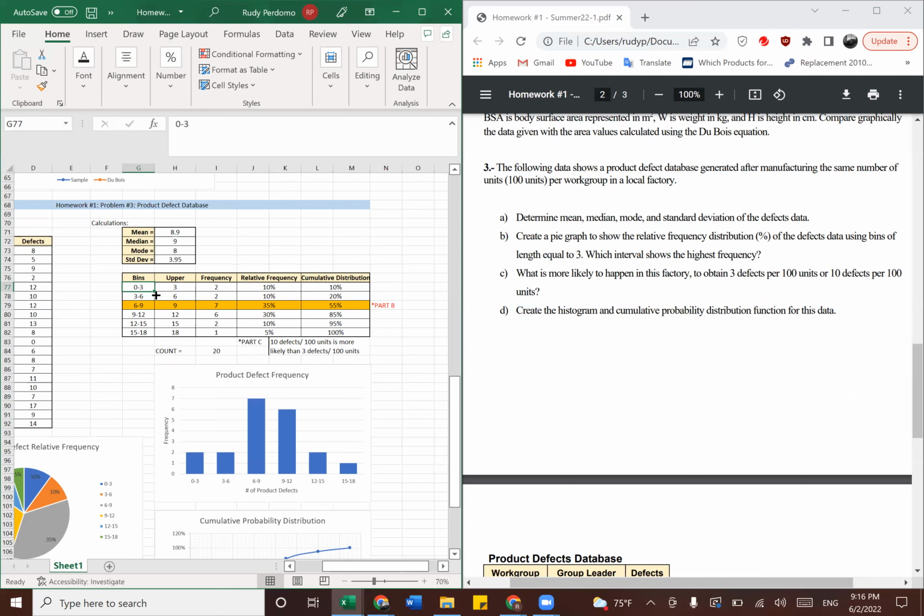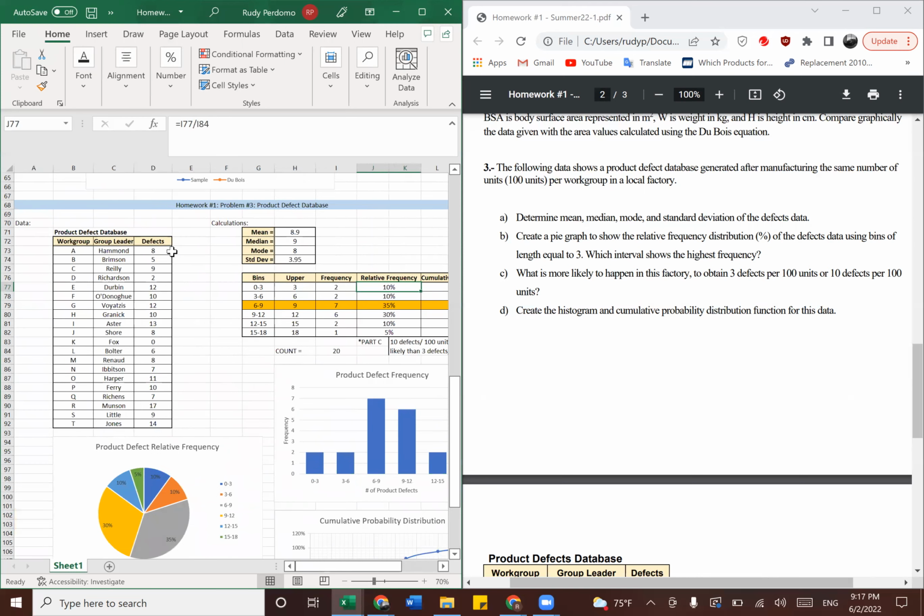So technically it's calculating what's greater than 3 to 6. So it's not counting 3 in this value right here. So the probability of getting 3 is about 10% according to these bins. But if you go to 10 or 9 to 12, you see that's 30%. So probability of getting 10 defects is a lot higher than getting 3 defects.